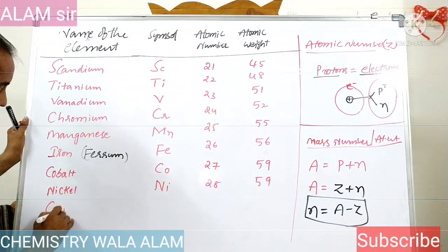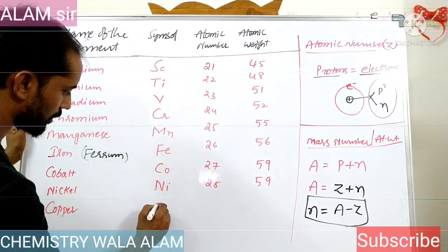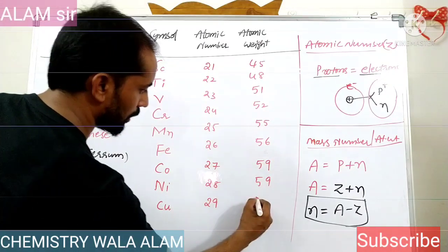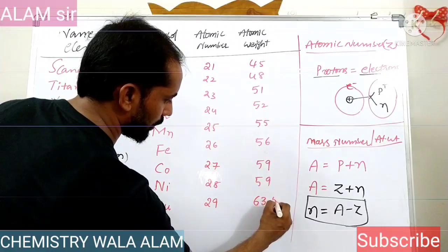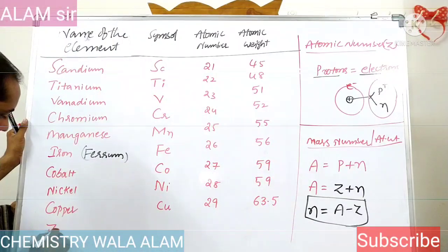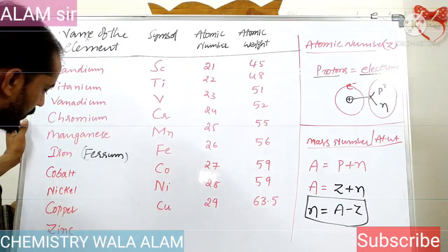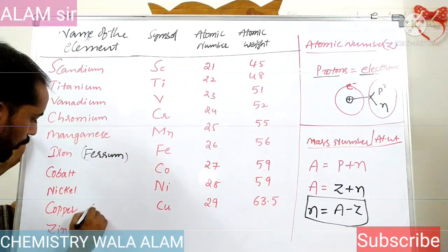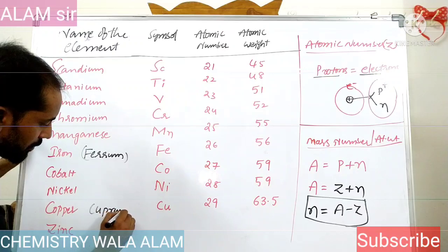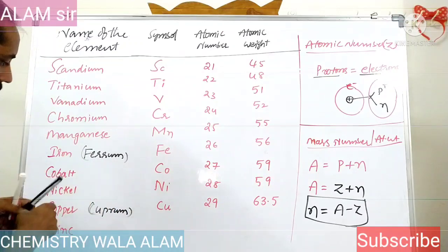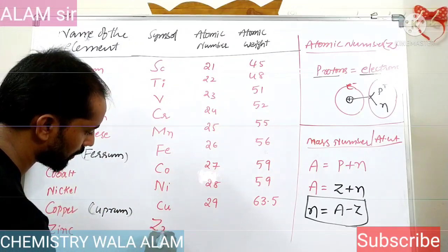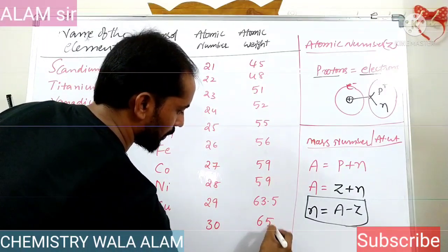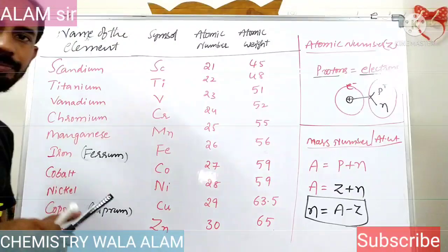Copper Cu 29, here 63.5. Here copper also has a Latin name, that is cuprum. Zinc Zn, atomic number 30, atomic weight 65.